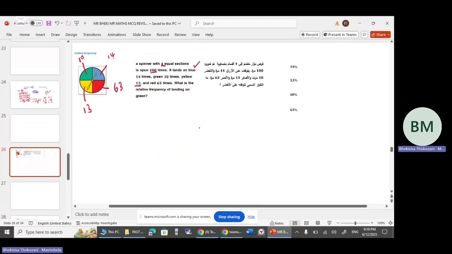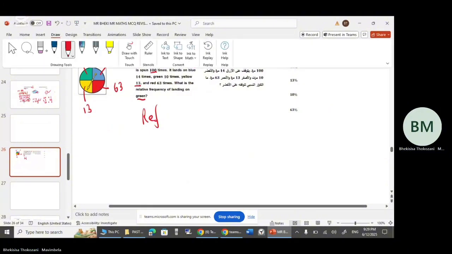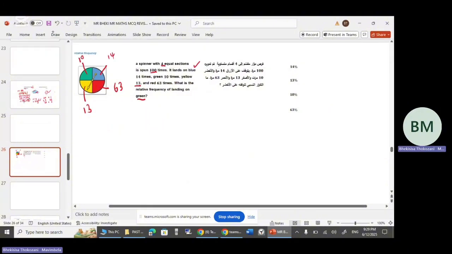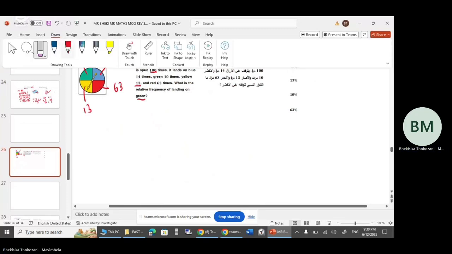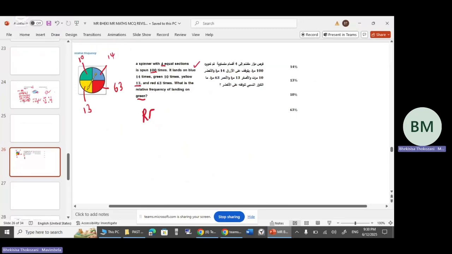All right. So what is the relative frequency of landing on green? So you can now say your relative frequency. Can I call this RF for relative frequency? I hope you don't mind. So your relative frequency of landing on green is equal to, what is green?